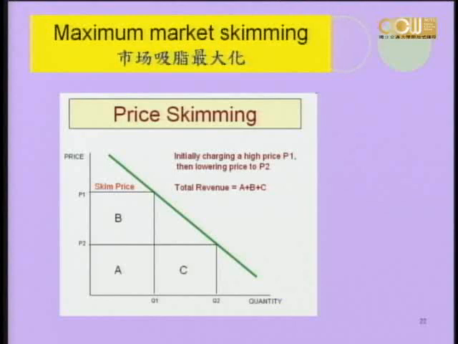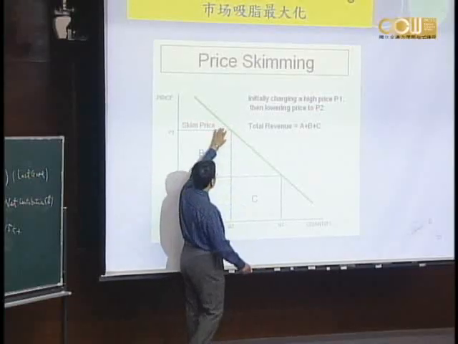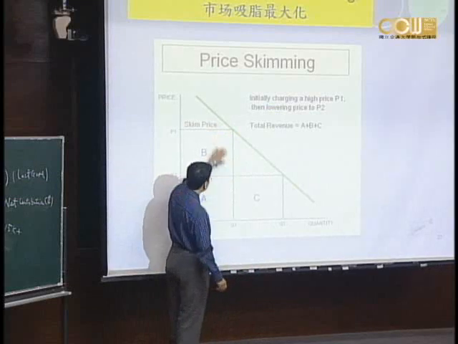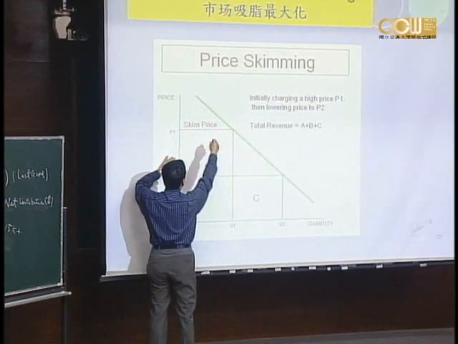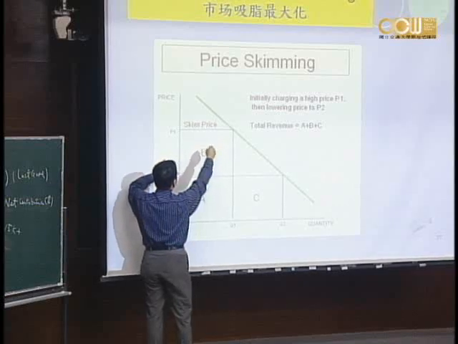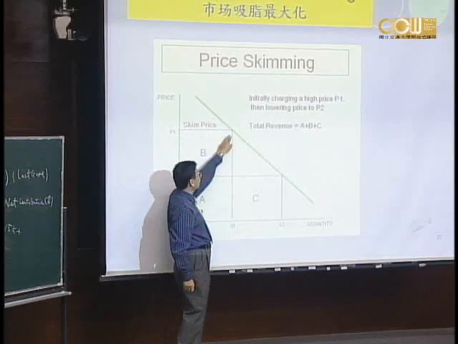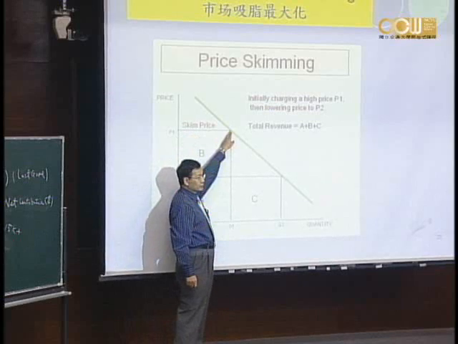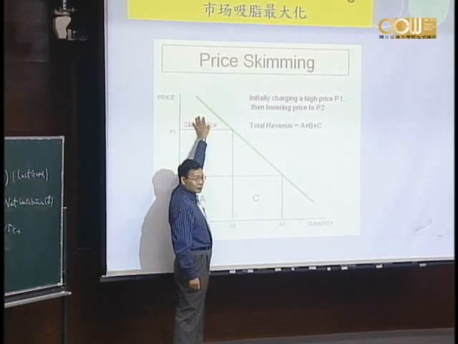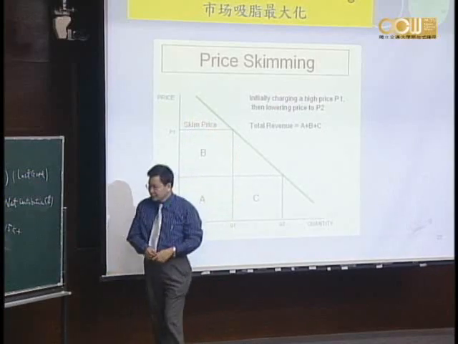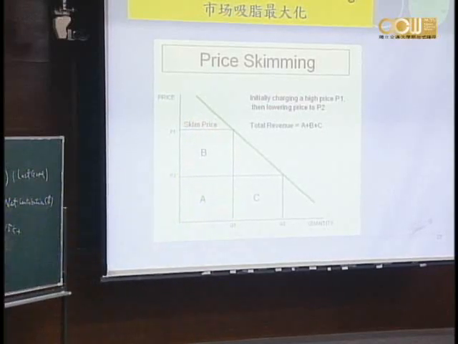Skimming is easy. Suppose this is the market price. So we have demand and the price. What is this area in economics? We call it consumer surplus.